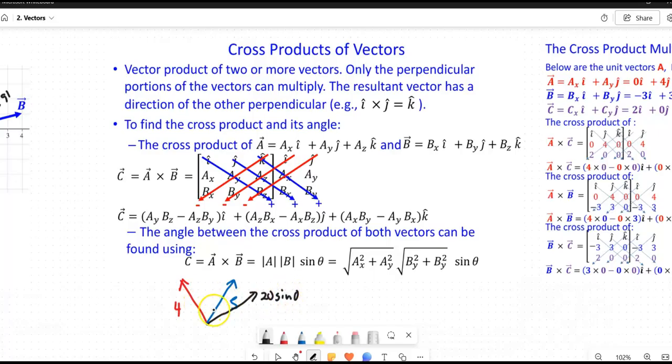Okay, and the angle between them is that angle theta.